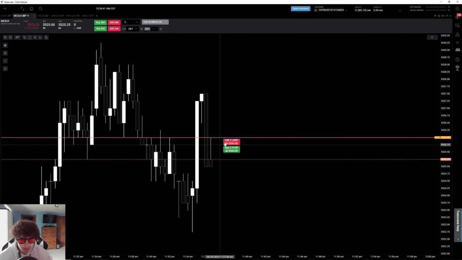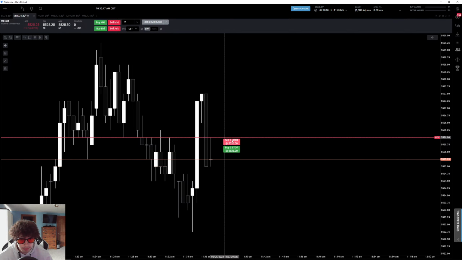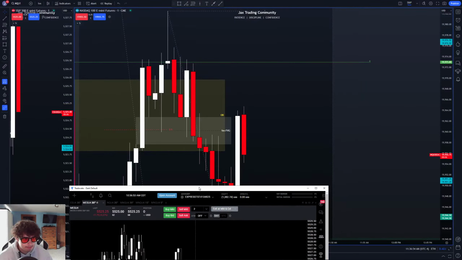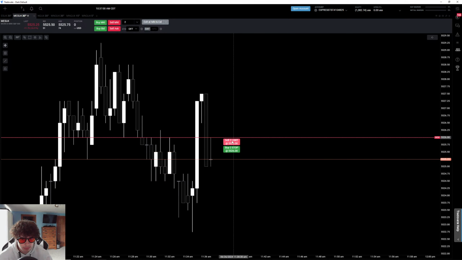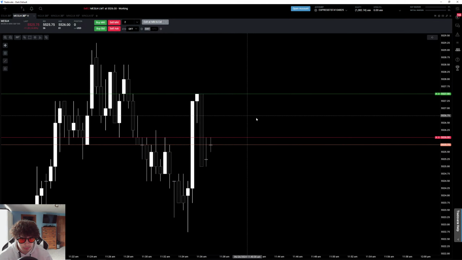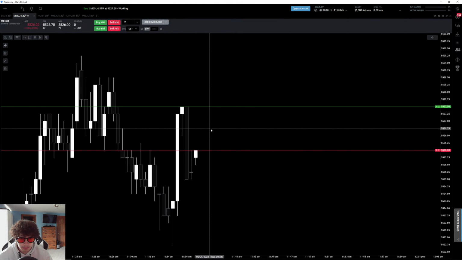If this candle closes below this line, I'm going to put a sell limit here. Five more seconds left. I'm going to try this out. Okay, I got a limit order right here.